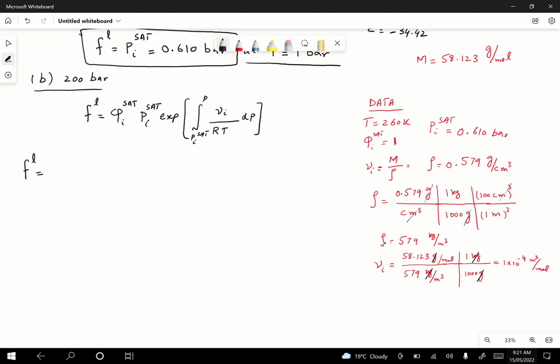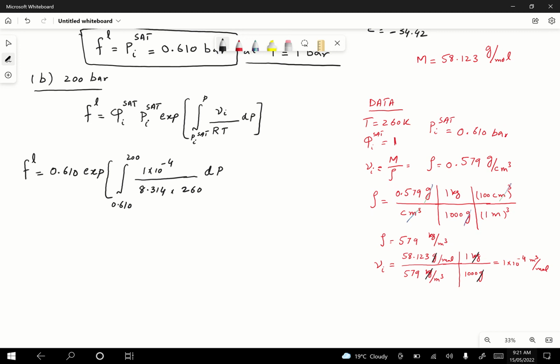Fugacity coefficient is 1, saturation pressure is 0.610 bar, exp of the specific volume we have just calculated, 1 into 10 to raise power minus 4, times P, which is 200, over R, which is 8.314, multiplied by 260 Kelvin.